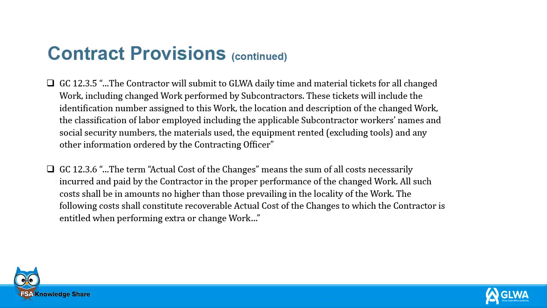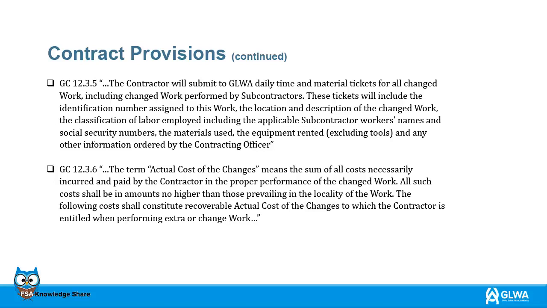the location and description of the changed work, the classification of labor employed including the applicable subcontractor workers' names and social security numbers, the materials used, the equipment rented, excluding tools, and any other information ordered by the contracting officer. GC 12.3.6.